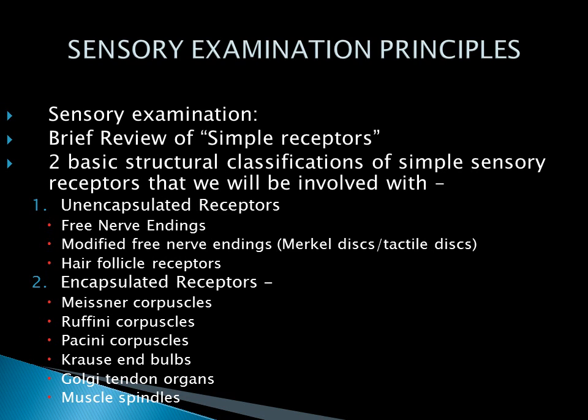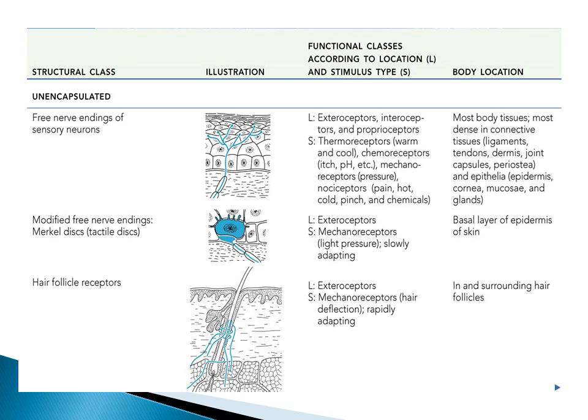We're going to go over some specific exam procedures designed to stimulate each of these special populations of both unencapsulated and encapsulated sensory receptors. So let's talk about these a little bit. If we consider the unencapsulated simple sensory receptors, the most basic type that we see is what is known as the free nerve endings.